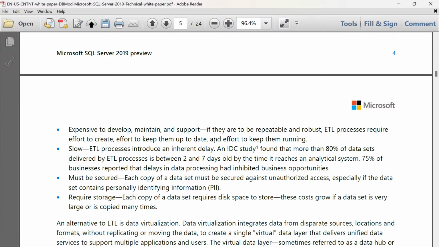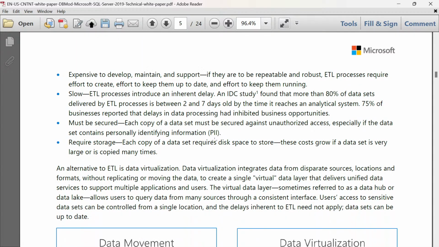Here we have a preview of SQL Server 2019. The first point says expensive to develop, maintain and support.